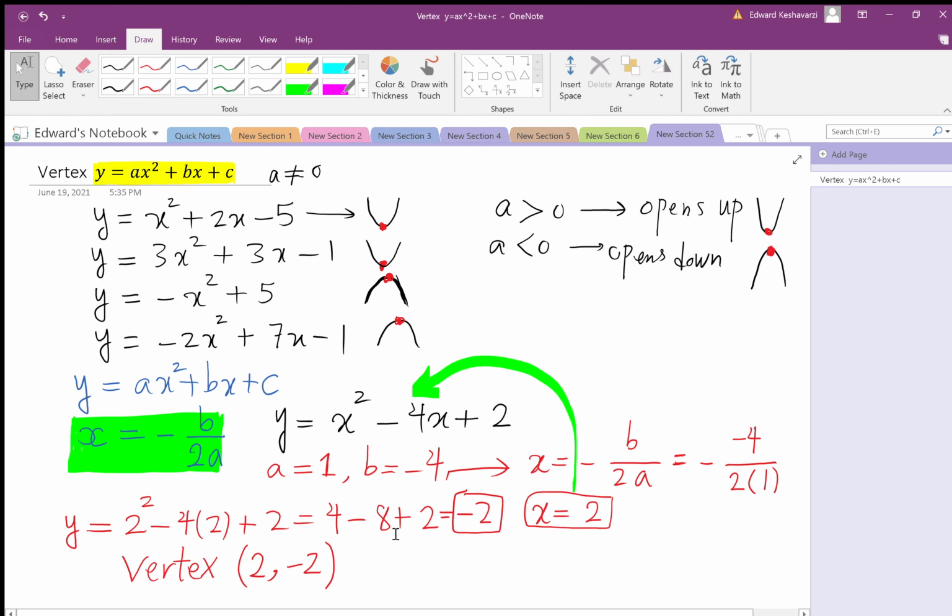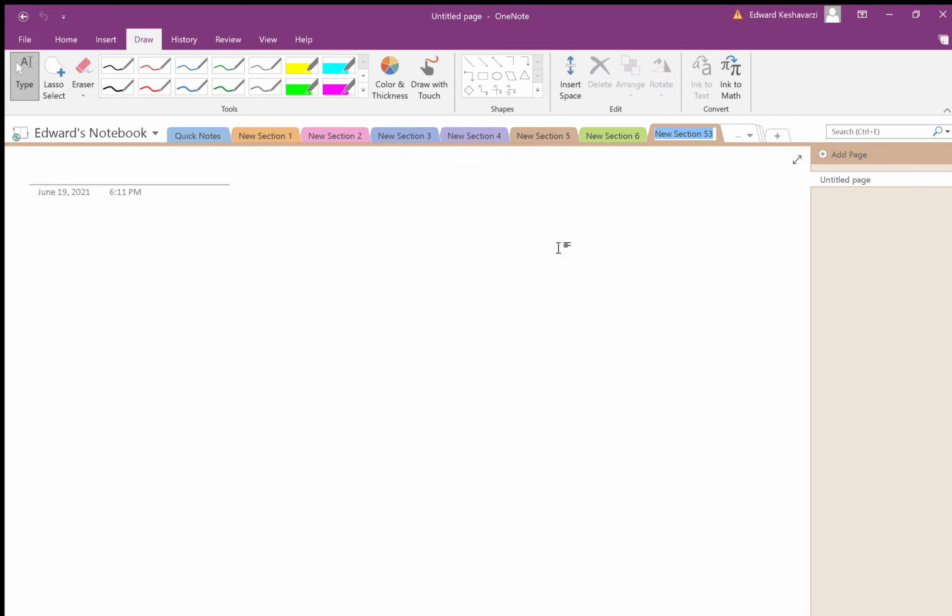I'm going to give you another example. So y equals negative 2x squared plus 8x minus 1.